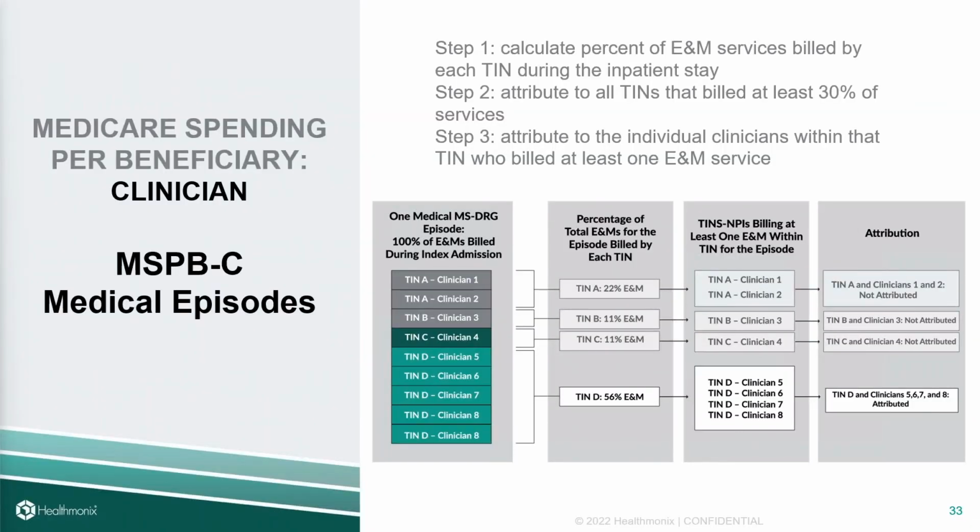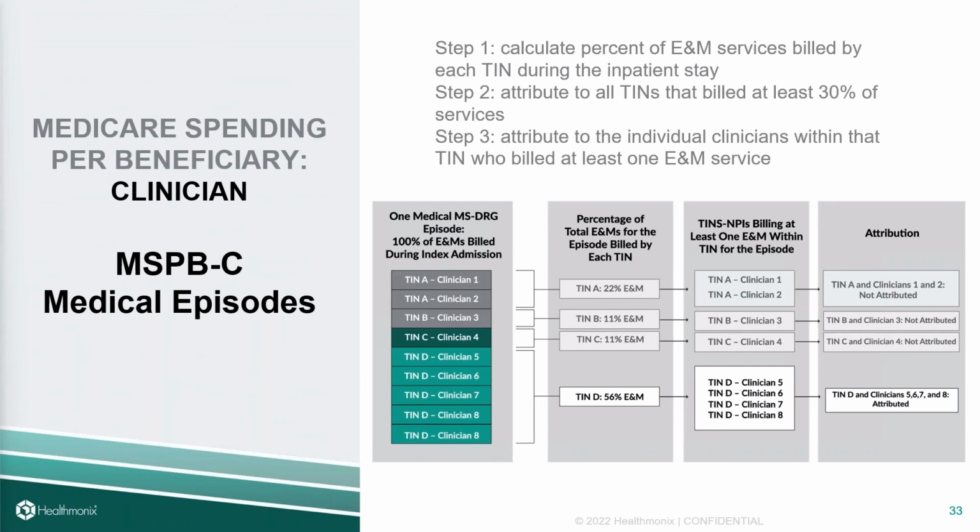So if it's a medical episode, what happens is CMS looks at which providers are providing the E&M services to the patient. And it looks at all of those services and whatever TINs, whatever groups have provided at least 30% of those services get that particular episode attributed to them.